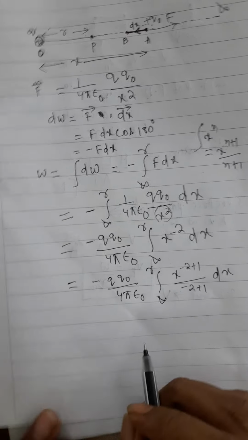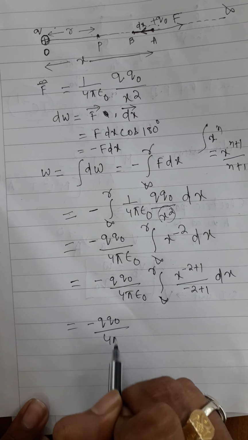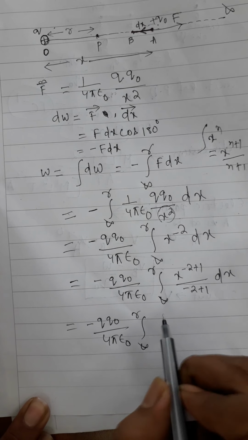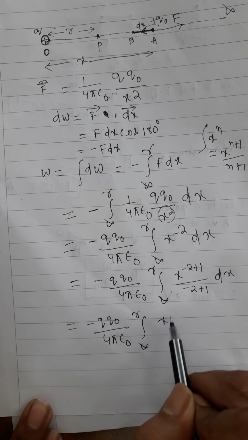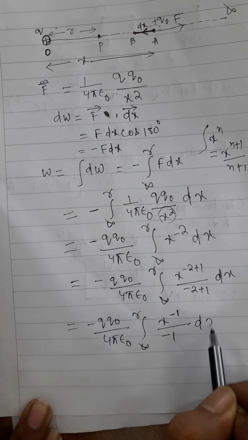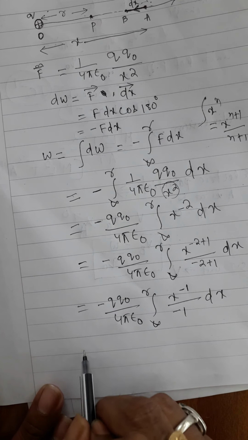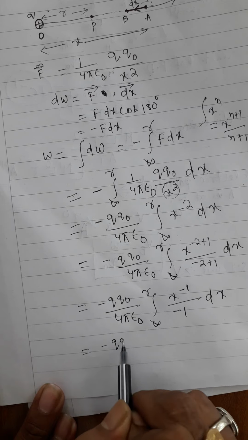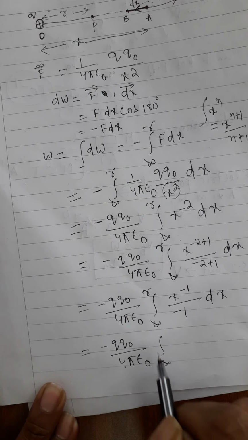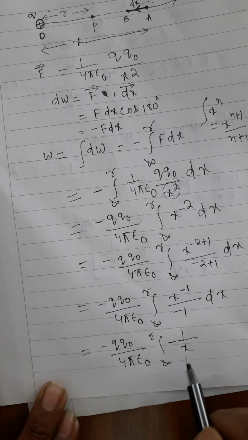It will be minus Q Q0 divided by 4 pi epsilon naught, from infinity to r, of x to the power minus 1 divided by minus 1, which is minus 1 by x.